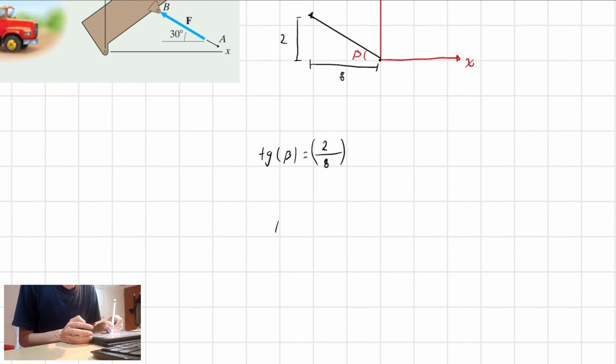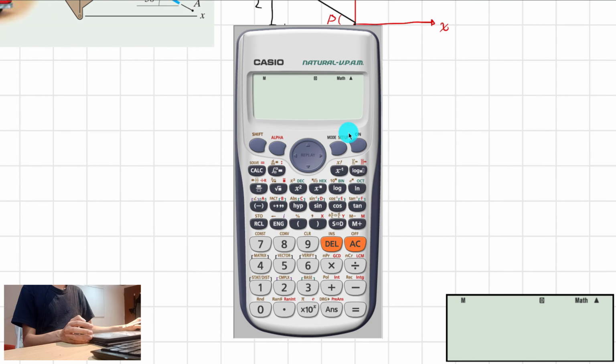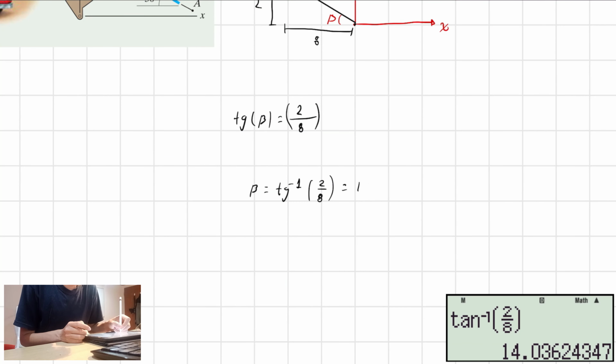That means that beta is equal to tangent to the minus 1 power of the same division. We're going to do this in the calculator. You have to make sure that the calculator is in degrees. So tangent to the minus 1 power of 2 divided by 8 is equal to 14.0362. I always use 4 significant digits after the decimal point.